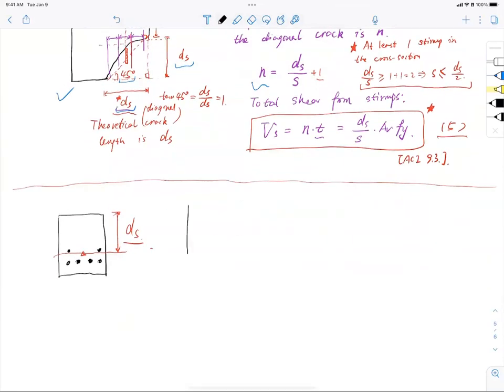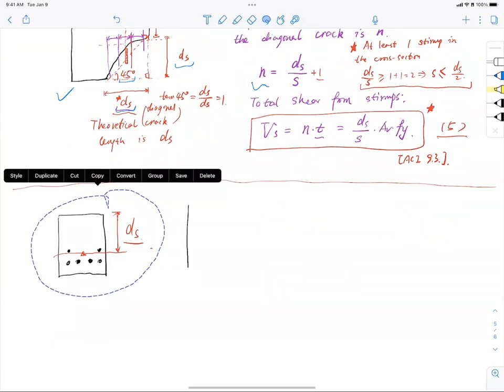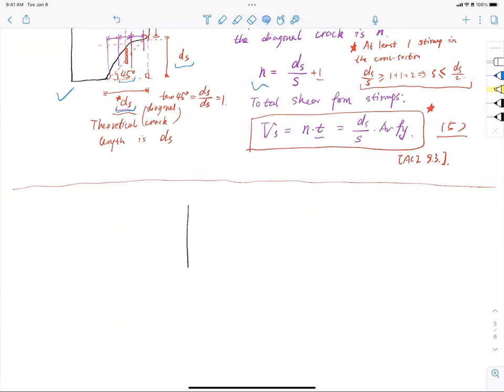But if I have stirrups that are at an angle, well, let me just remove this. You don't have to confuse yourself. So say that I have vertical stirrups now inclined. That means that I have my 45-degree crack right here, and I say that the stirrups were in the direction of this crack like this.